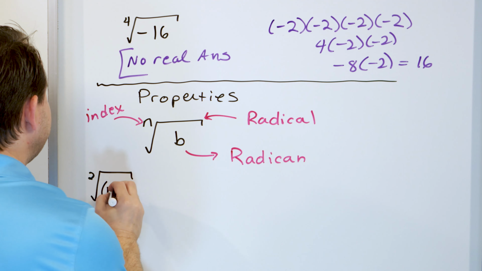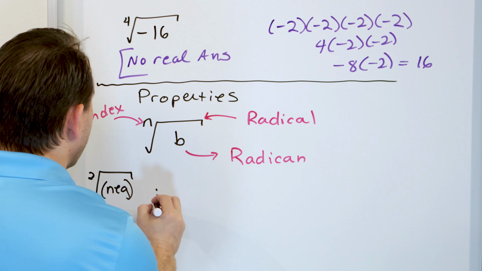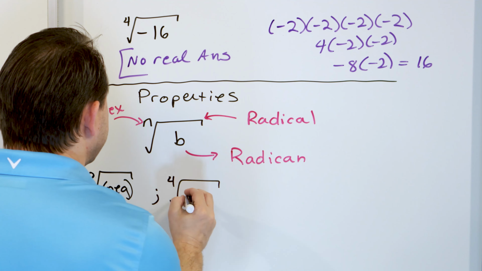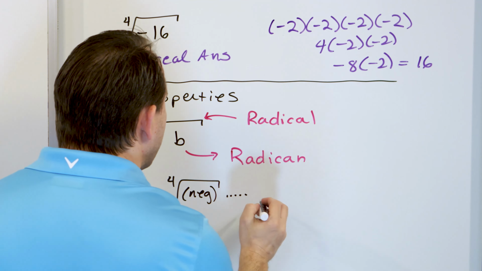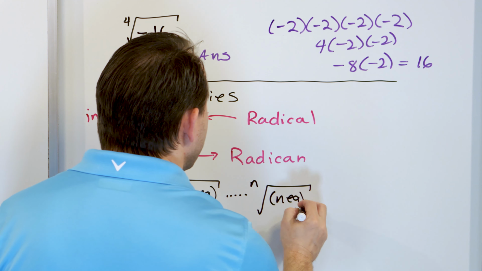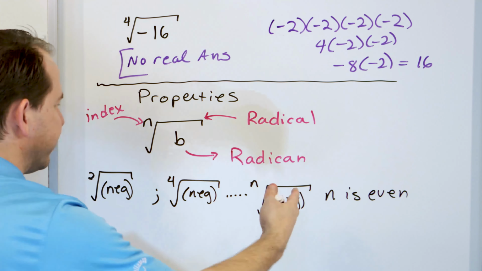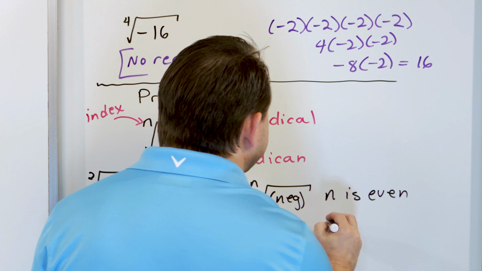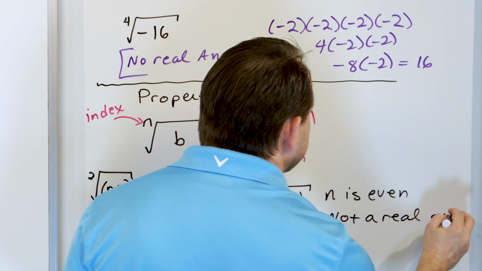If I have the square root of any negative number, negative 2, negative 6, whatever, or the fourth root of any negative number, and so on, where I might have the nth root of a negative number, where n is even, any even number, fourth root, sixth root, and so on, what you have is not a real answer.